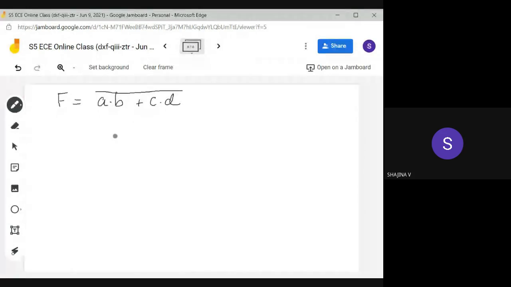So for A into B and C into D, I have to connect 2 PMOSes in parallel. Then connecting these 2 combinations in series, we can obtain AB plus CD in the case of which part? PMOS part, right? So for PMOS part, I can draw like this.